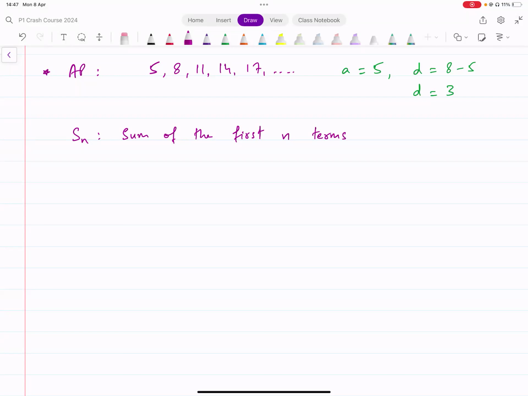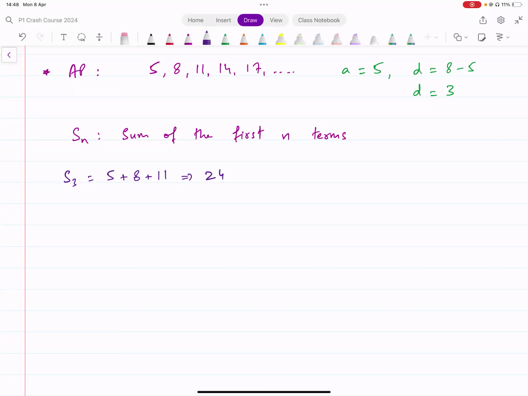Now, let me explain what that means. For instance, in this case, S3. What would that mean? That would mean the sum of the first 3 terms. How do you calculate that? 5 plus 8 plus 11, and that's going to give us 24.